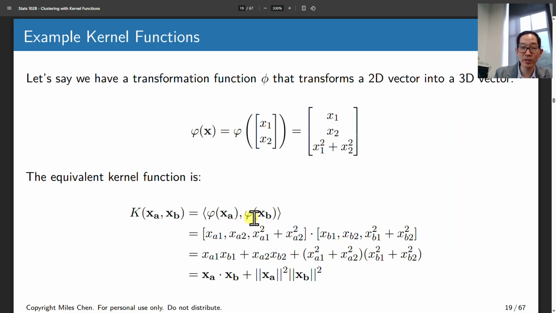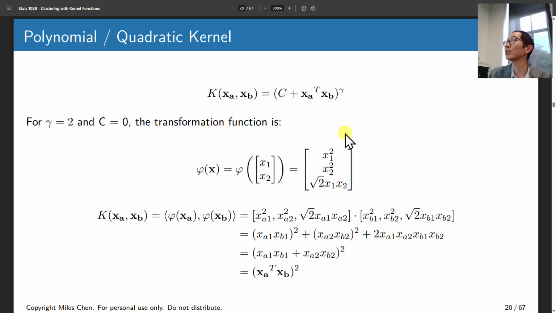And then if I take the dot product between these two things, we get this, xa1 xb1 and xa2 xb2, and this is equivalent to this, okay? Which means I could get this result directly without having to transform them into 3D first, okay? So yes, I can go from 2 dimensions to 3 dimensions and then take the dot product, or I could just take the 2-dimensional vectors, apply this formula, and arrive at the same number.